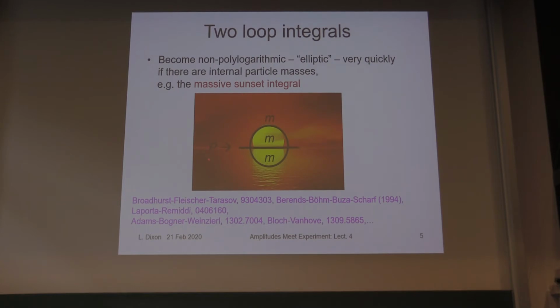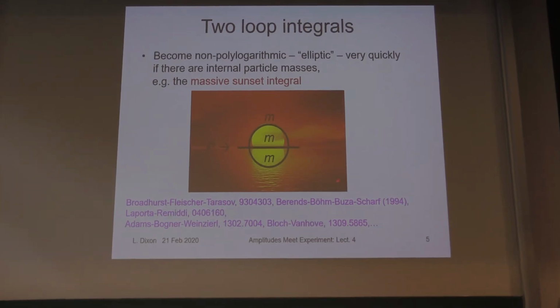And he mentioned that an application of that was to the sunset integral, shown here. This integral was studied for quite a while, and then started to be connected to the elliptic polylog story in about 2013.